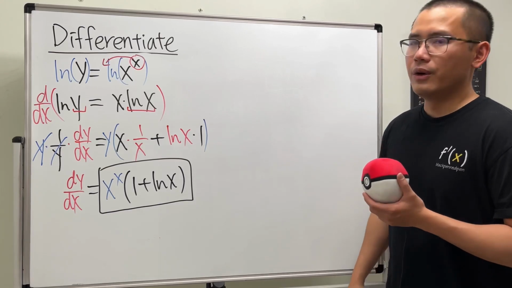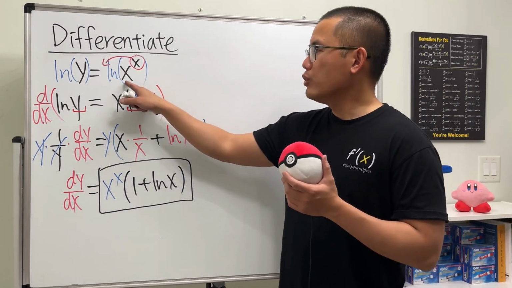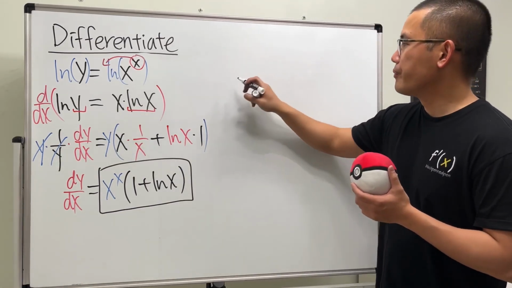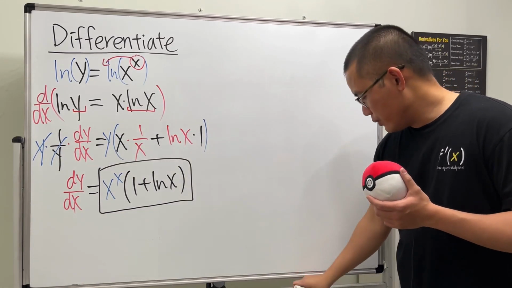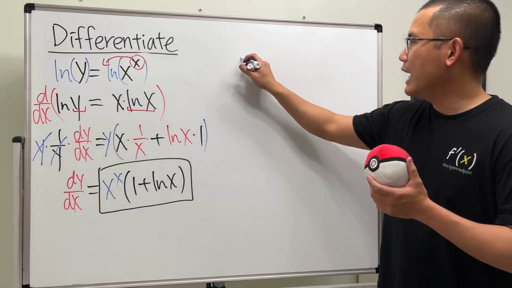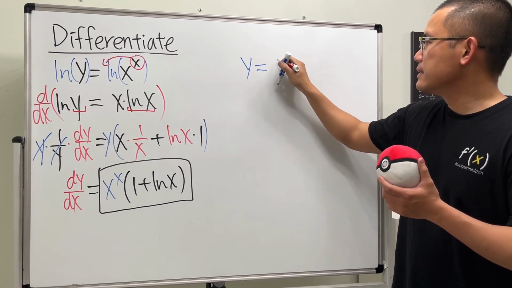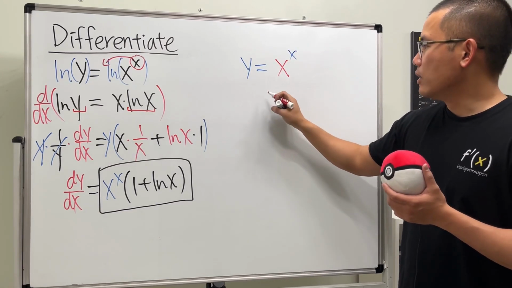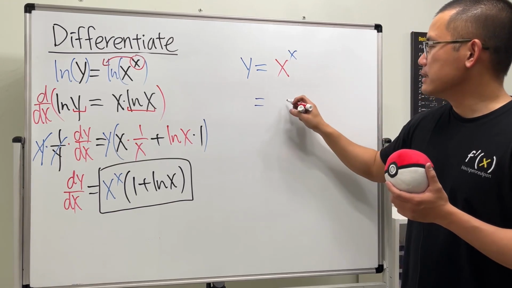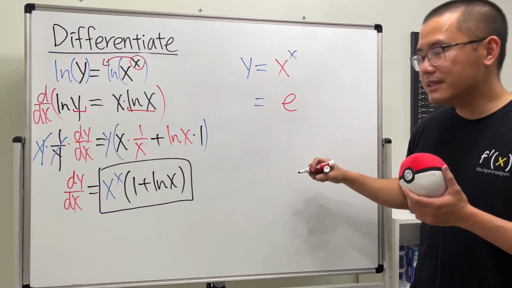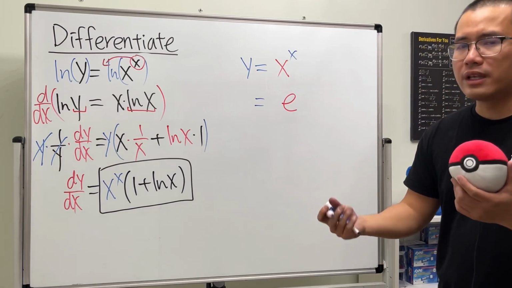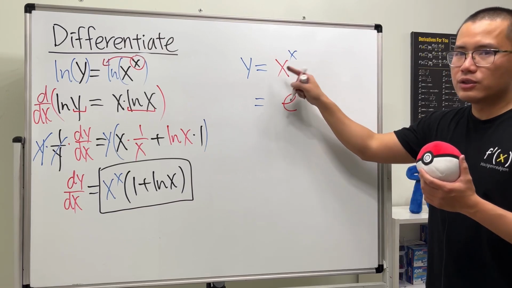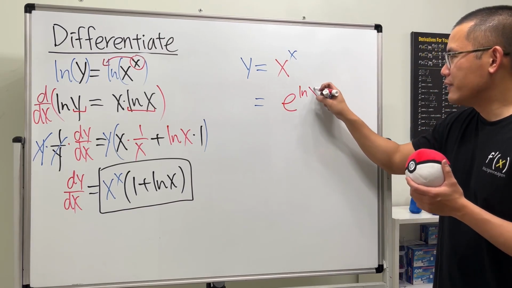Is there another way to do it though? Yes, because we could also just change the x for the base to become base e. Let me show you. When we have y equal to x to the x power, for this x, we can rewrite it as some base e, but of course you have to think about what will cancel. e and ln will cancel, and you still want to end up with x, so you want to have ln x.